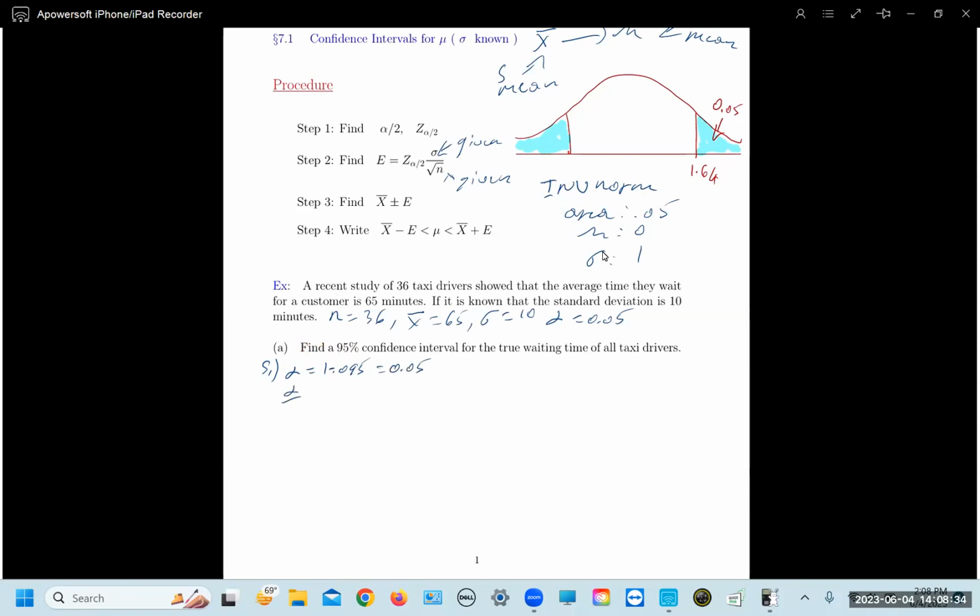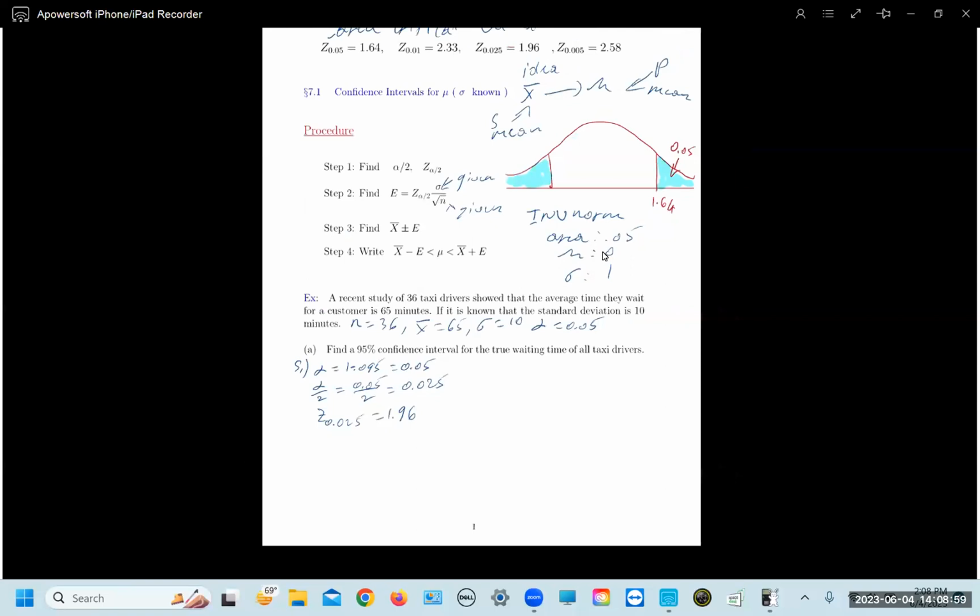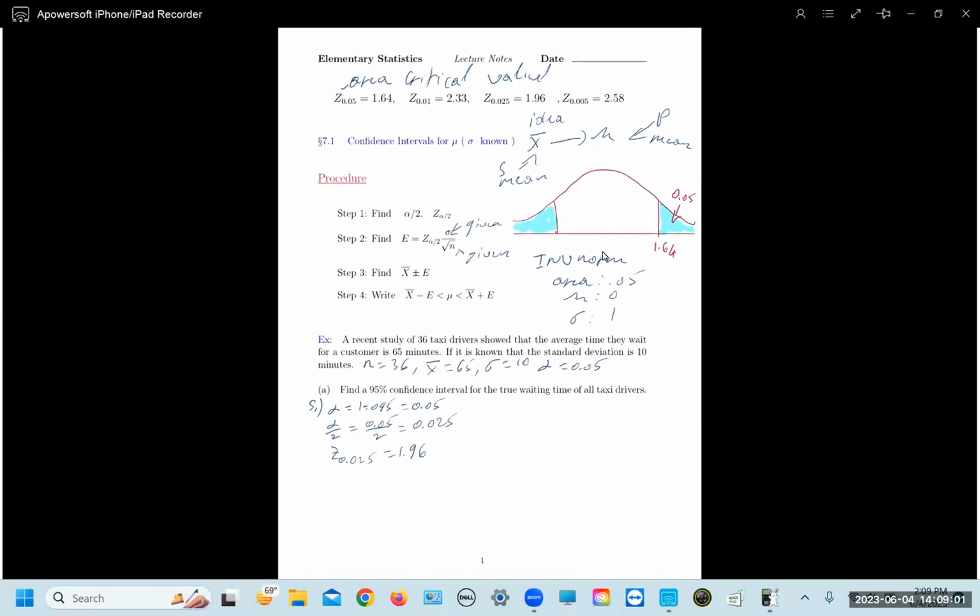So alpha over 2 is 0.05 over 2, so this one is 0.025. So Z of 0.025 is 1.96, because we already have it right here.